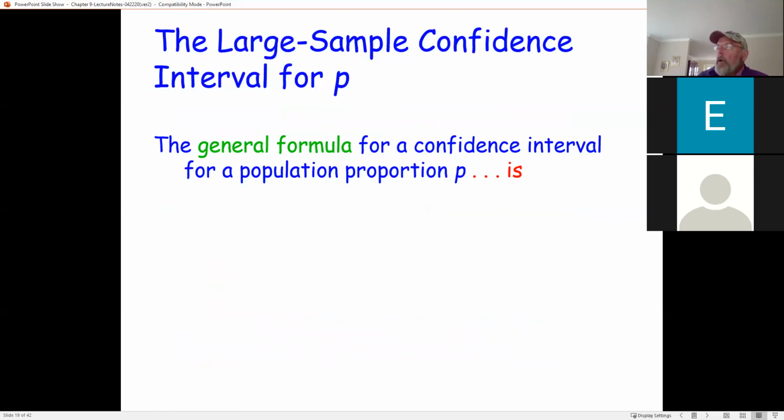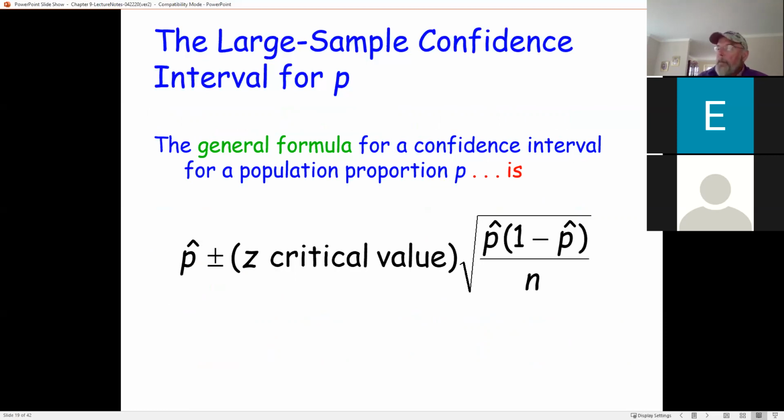So the general formula for a confidence interval for a population proportion is this equation right here. P hat plus or minus the critical value, which is a z-score, times the standard deviation of the proportion.